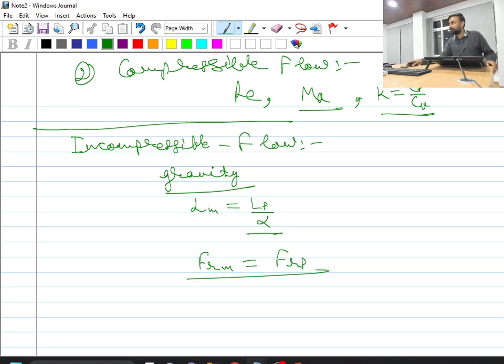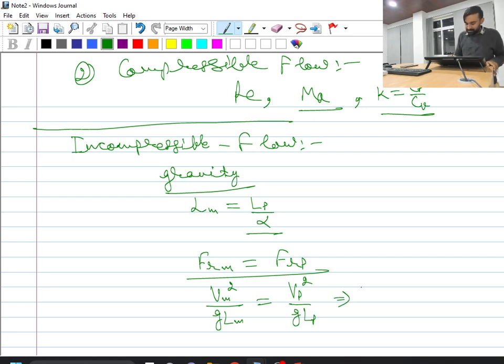If I do so, then Vm squared by g Lm equals Vp squared by g Lp, and just now we have seen that from this Vm by Vp comes out as alpha to the power minus 1 by 2. Point is clear?